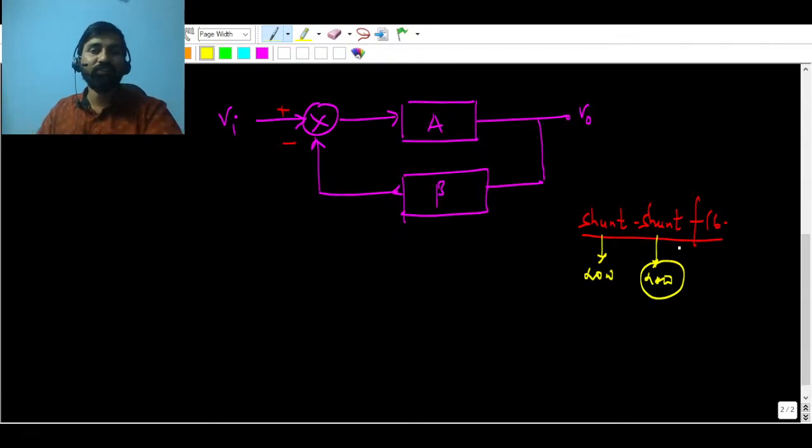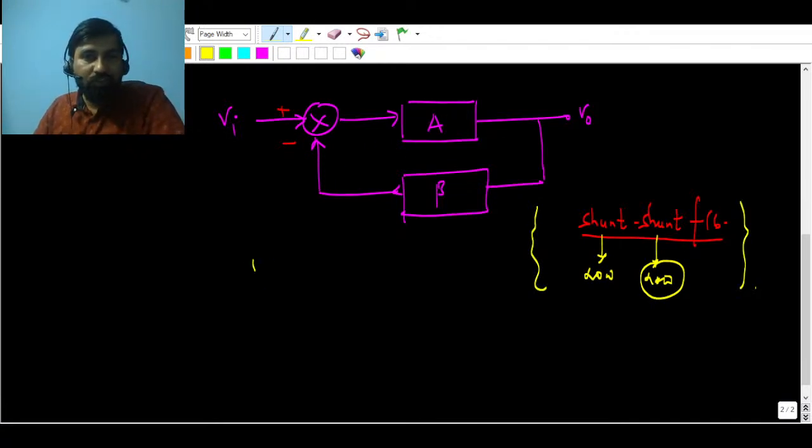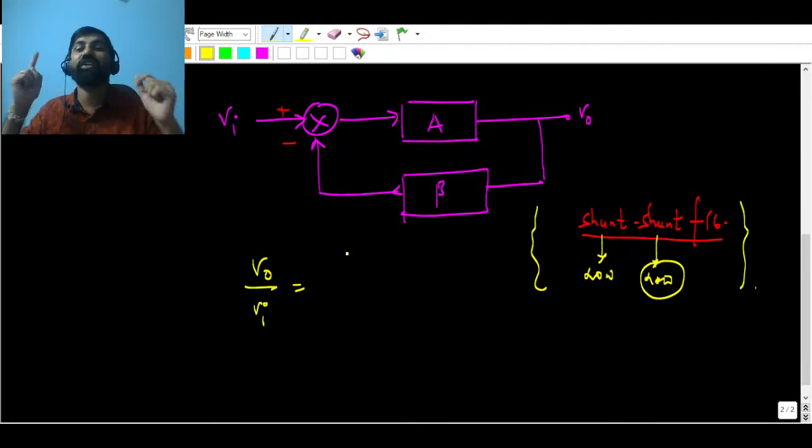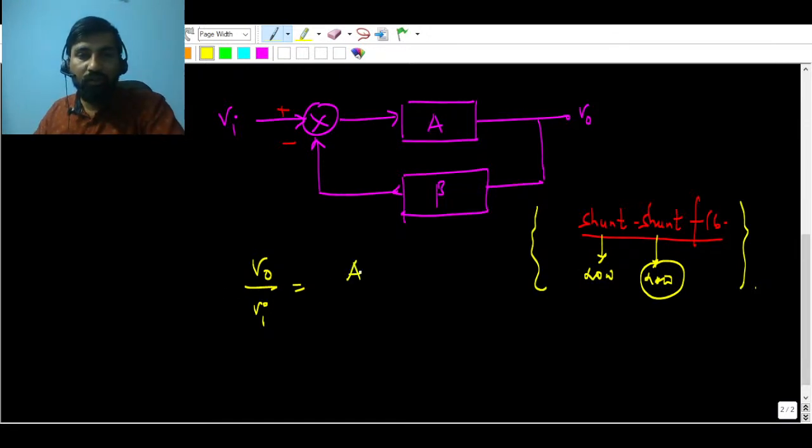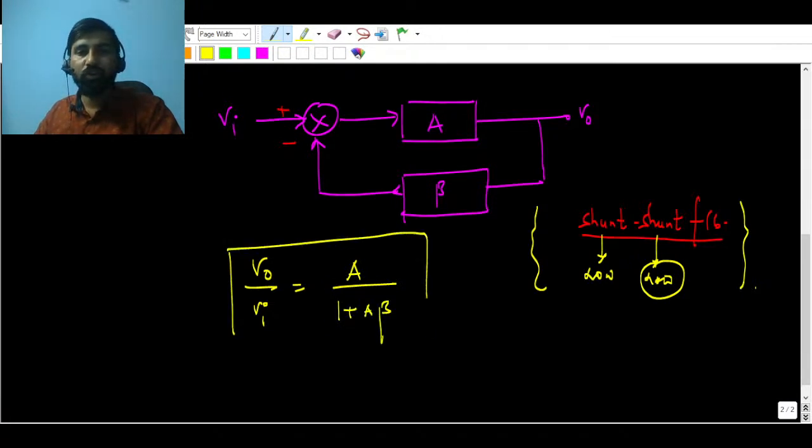If I try to find the transfer function, V naught upon Vi, there is negative feedback. If you know the basic advantage of negative feedback, then you can directly find the answer for this question. The overall gain is going to be A upon 1 plus A beta.